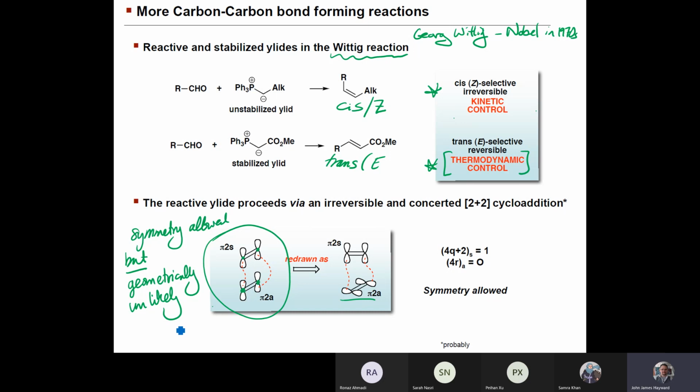I'm just going to draw this for a second, because this geometry that I've drawn on the side here, which is boxed in blue, is only possible with a large atom like phosphorus.